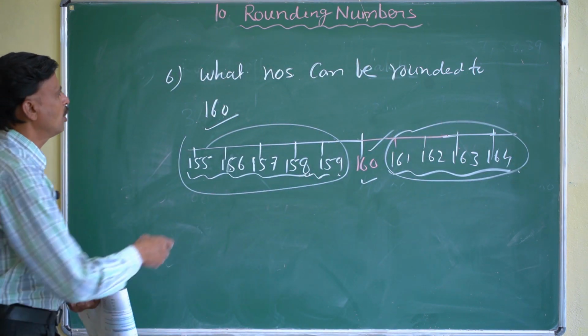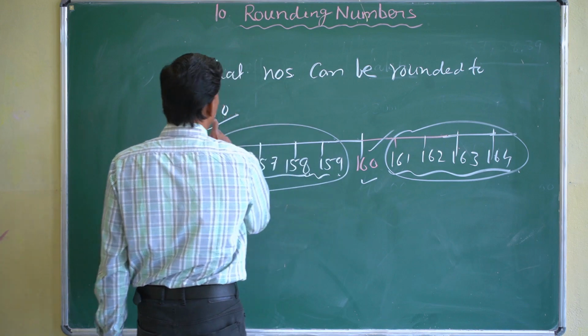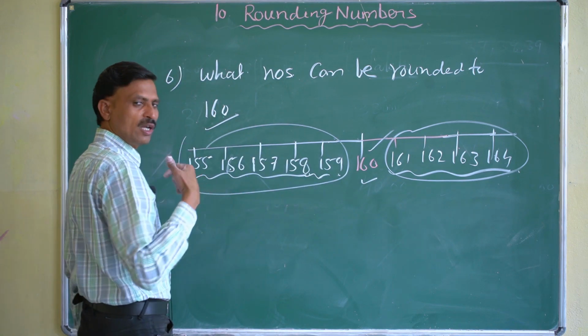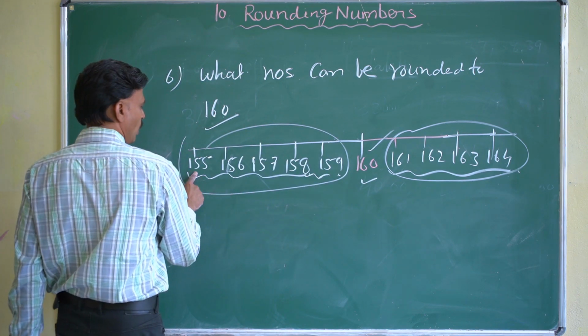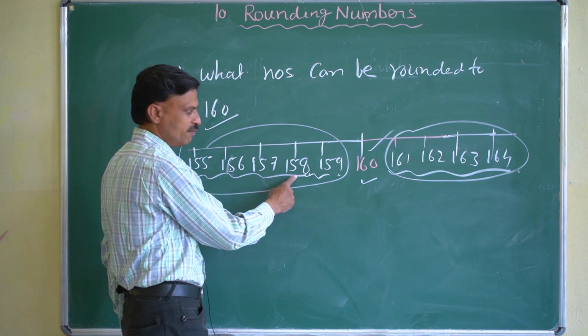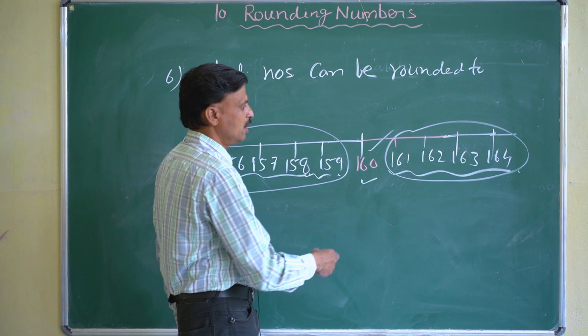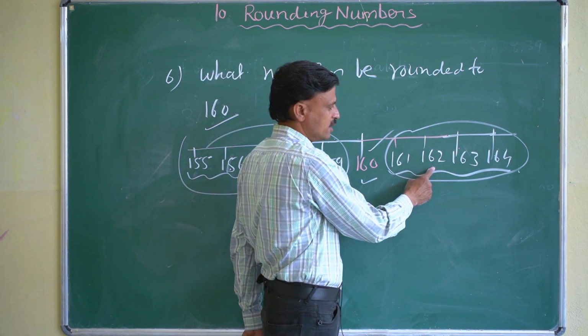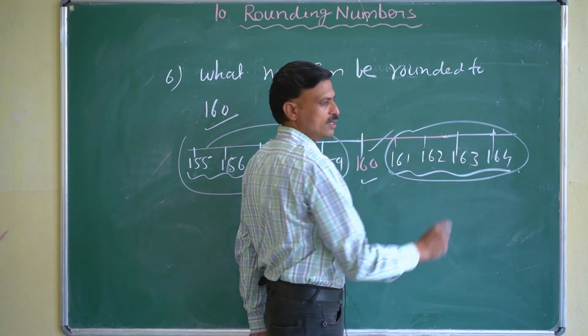So the question is, what numbers can be rounded to 160? The numbers which can be rounded to 160 are 155, 156, 157, 158, 159 and 161, 162, 163, 164.